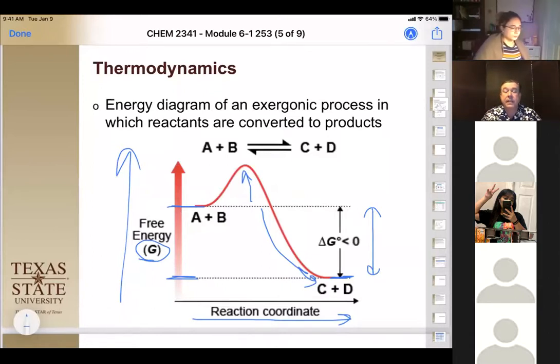Anytime you have the products below the energy level of the starting materials, right here, we have an exergonic reaction. That's just the potential energy of these two molecules and the potential energy of these two molecules, and their difference.